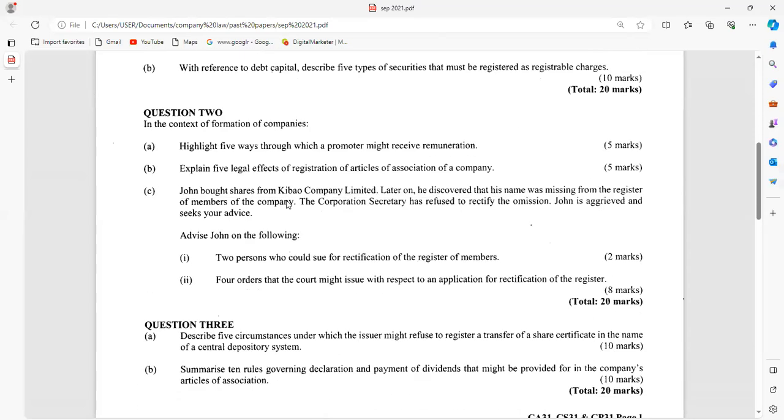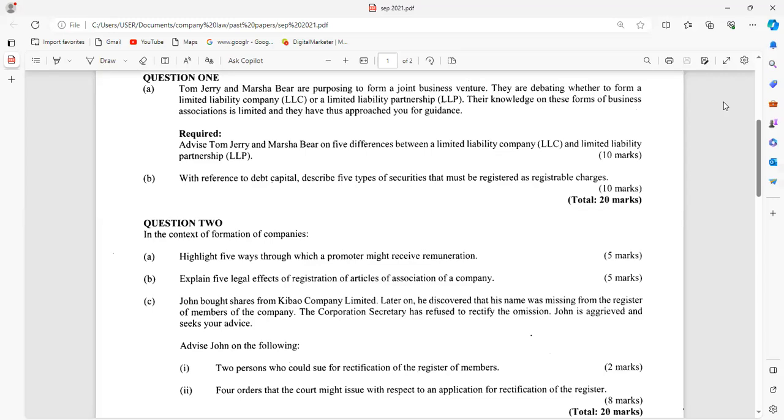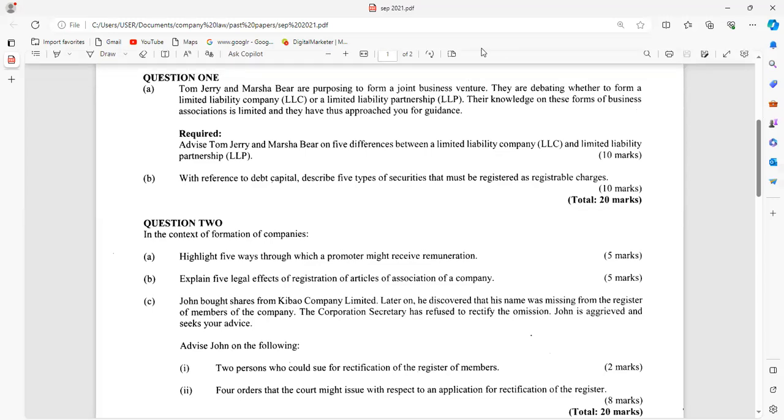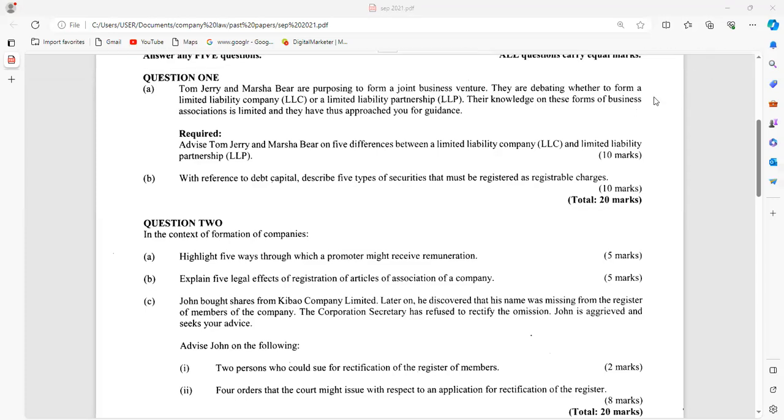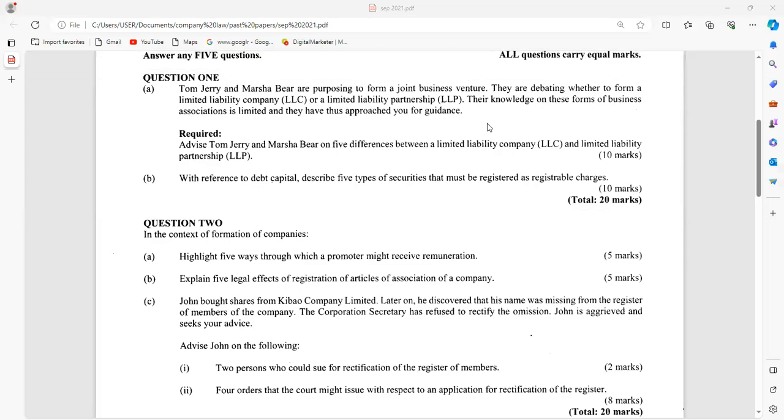Just need some confirmation. Question 1 and question 2. Before we go for a break, can you see them? Sarah? I can see them. Good.